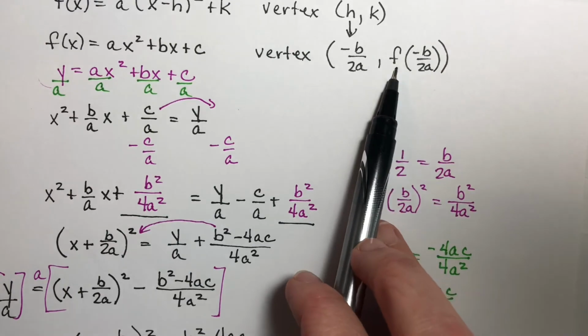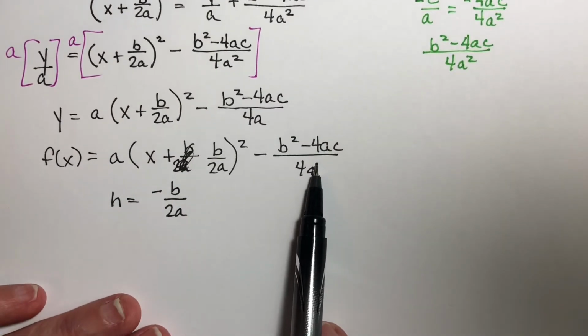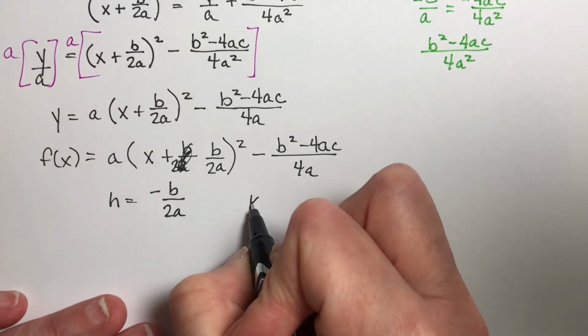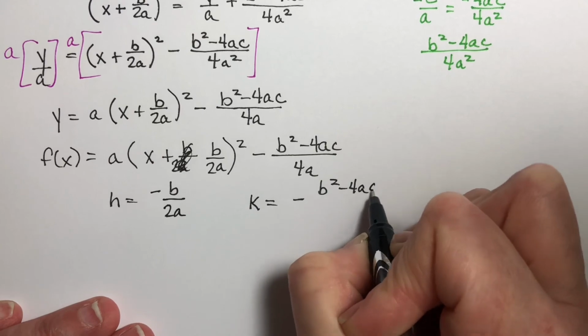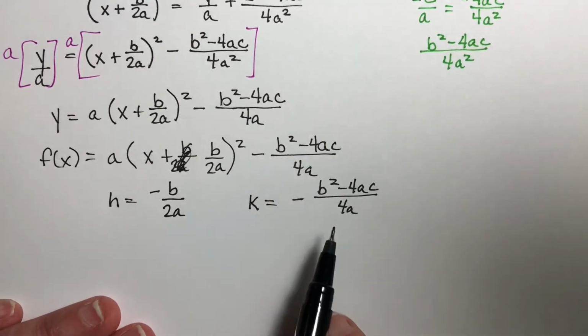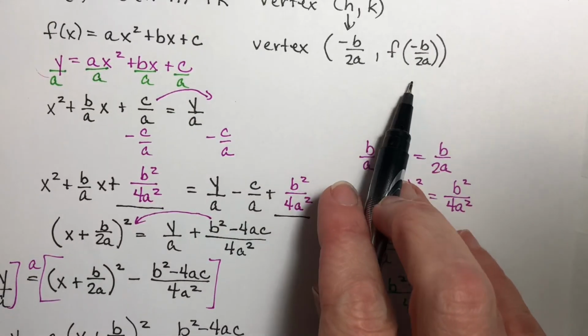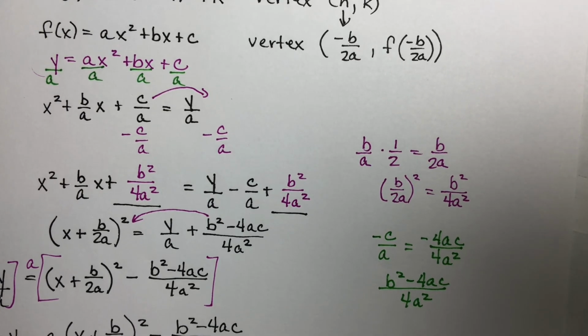And I think you'll see why we write it like this, because if you go from this formula, you could also say that your k value is −(b² − 4ac)/4a. You could use this for f(−b/2a), but it's much easier to think of it the other way. So just so you know, these formulas don't come out of nowhere. They have very definite meanings. They come through mathematics, and you are capable of generating these yourself.